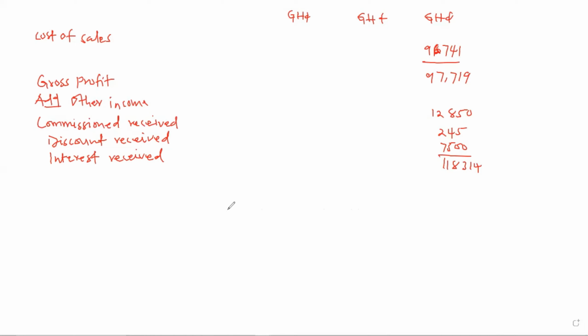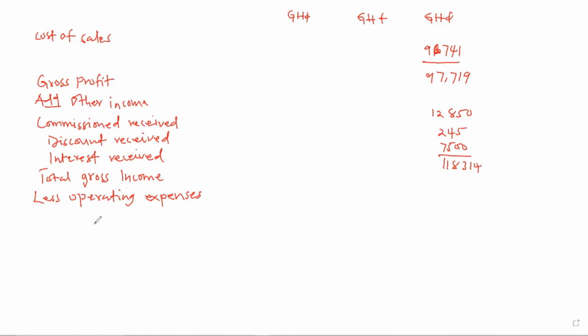So we see that this is our total gross income. Now we say we should less our operating expenses.